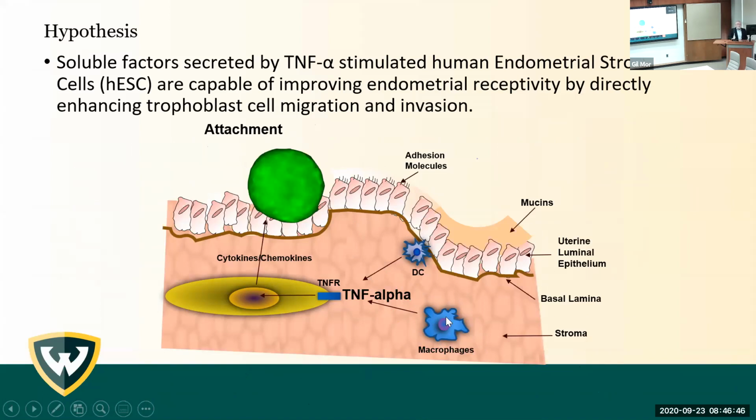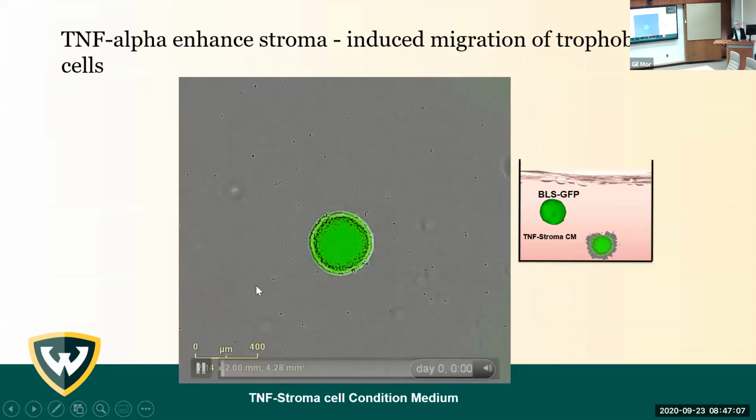So they are pro-inflammatory at the time of implantation. And what we find is that these macrophages express a lot of TNF alpha. So we questioned whether this TNF alpha expressed by macrophages is acting on the stroma cells, and the stroma cells are producing the factors that direct the trophectoderm to migration.